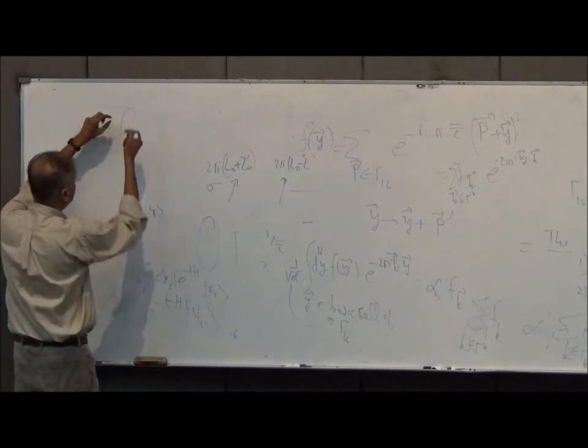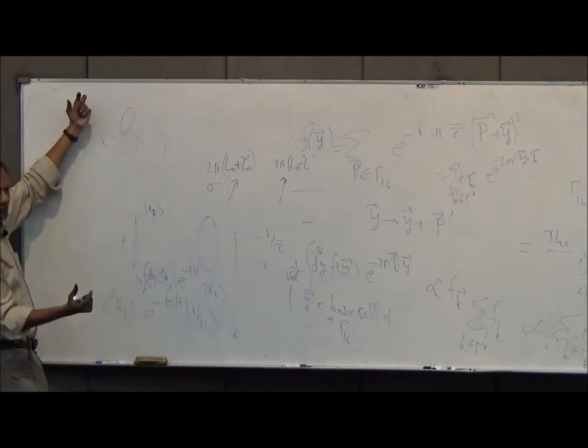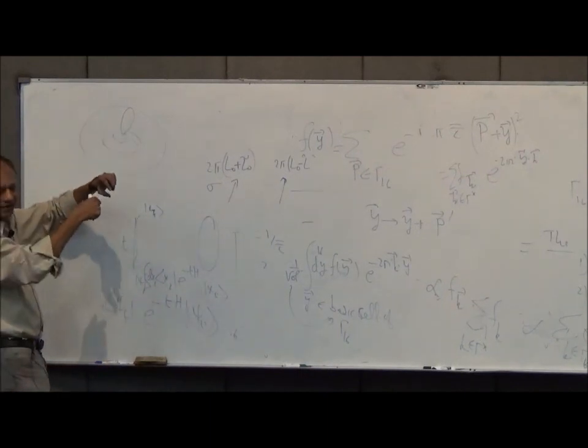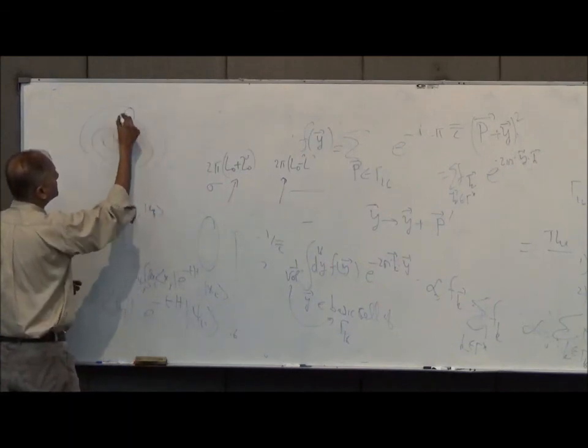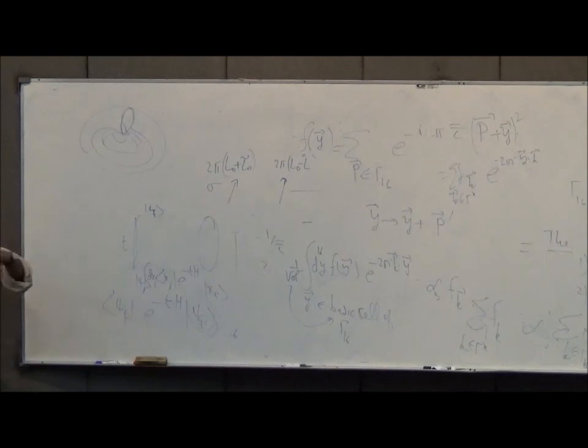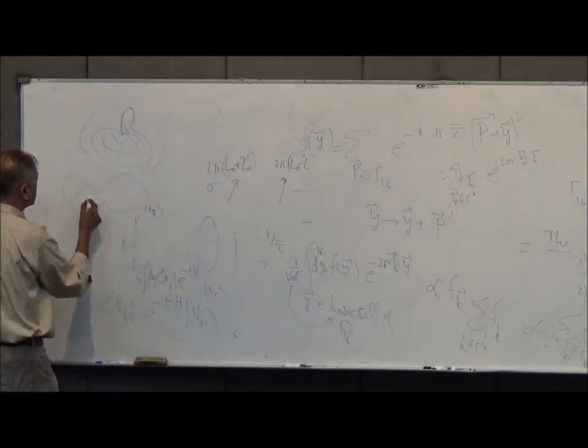You can do it this way, or you can cut this circle, open it, twist one side by 2 pi and join, or you can cut some more complicated cycle, like that. There are all sorts of cycles. You can cut any closed cycle, rotate, but this starts becoming more and more complicated if you go to genus 2.